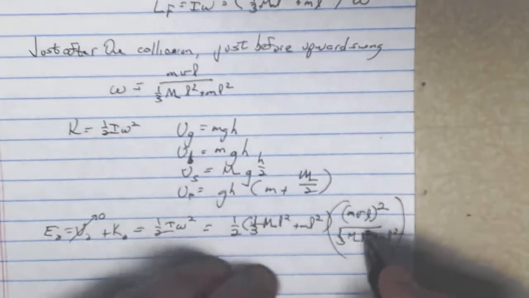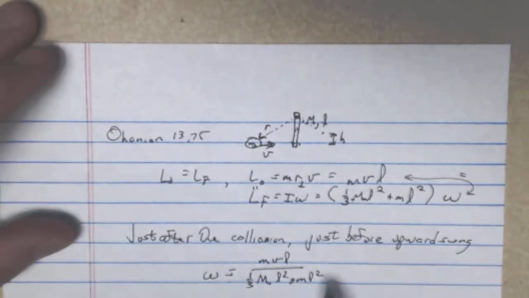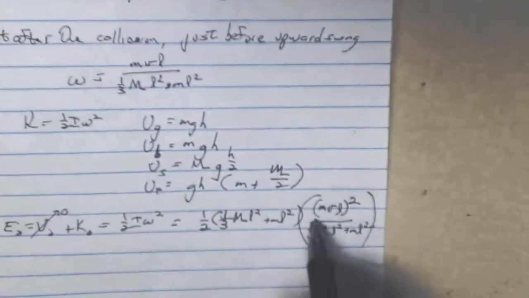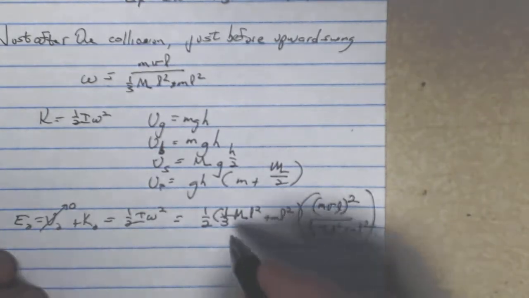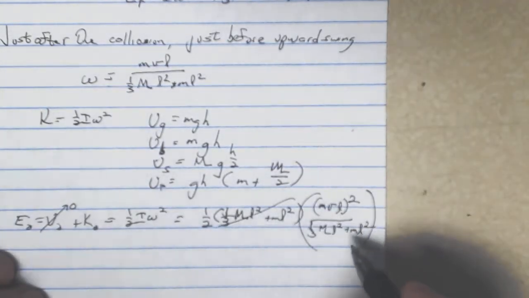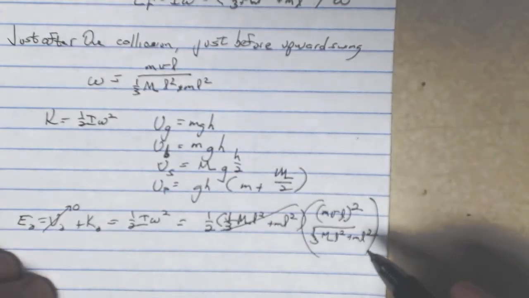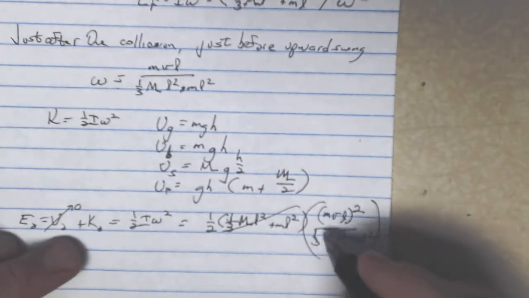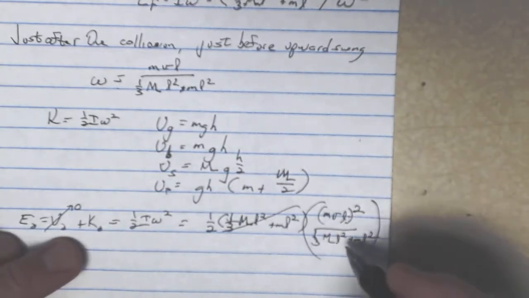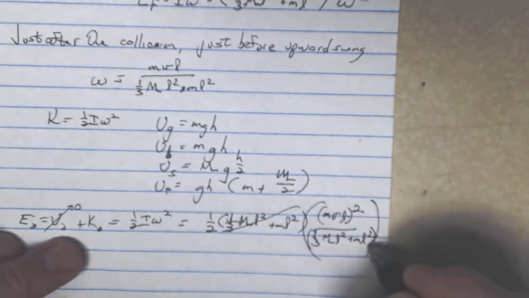In case you don't remember where this omega came from, it's what we calculated up here for just after the collision, which is just before it starts rising in height. Okay, so we've got this formula, which we can then simplify because we have this in both expressions. Okay, so we can remember this whole thing is squared. I forgot that. It's omega squared, so this is squared, and this is also squared.